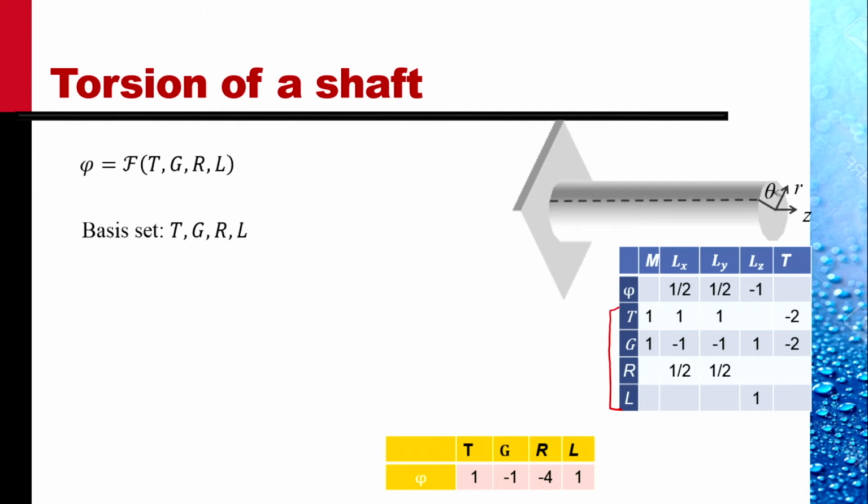Phi has a dimension of torque raised to power 1, G raised to power minus 1, R raised to power minus 4, L raised to power 1, and so we get phi G R raised to power 4 divided by T L as a constant. Or the twist phi is a function C T L by G R 4.